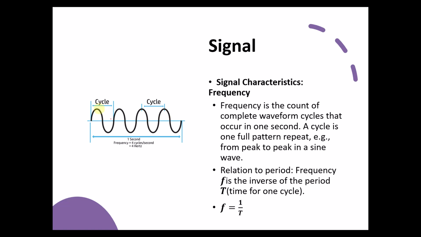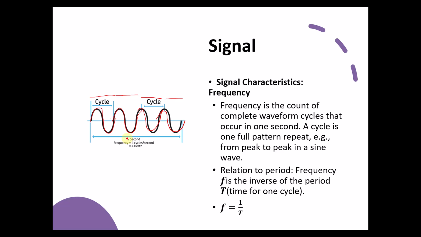So if you look at this signal, it made 4 complete cycles. From here to here is 1, from here to here 2 cycles, from here to here 3 cycles, and from here to here 4 cycles. So this signal that we are looking at made 4 complete cycles within 1 second, and this becomes the frequency of the signal.